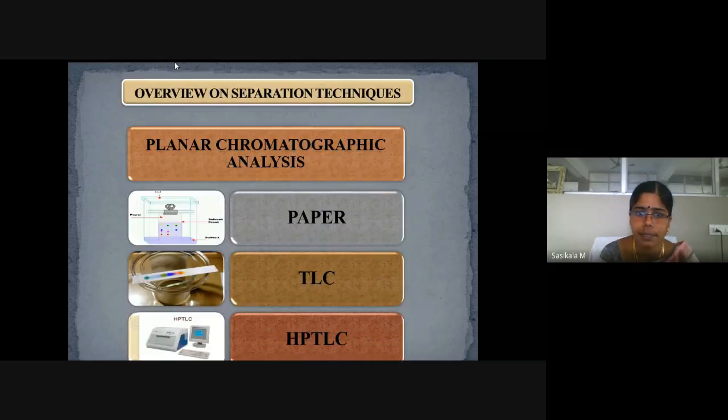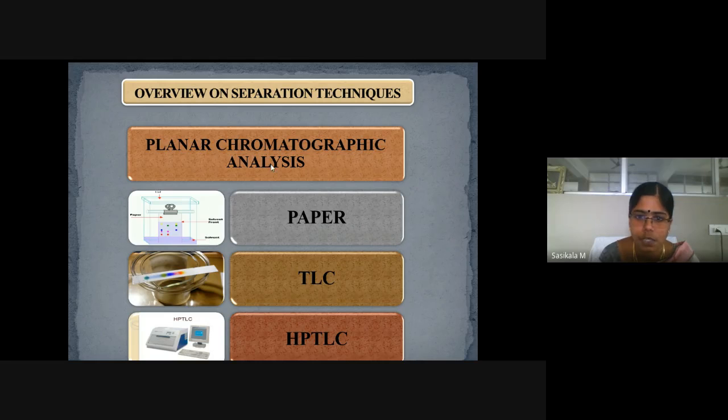Planar techniques means the separation occurs over a plane surface. See here, plane surface. It is HPTLC. Here also, similar to this plate, separation occurs on a plane surface. So that is called planar chromatographic analysis.